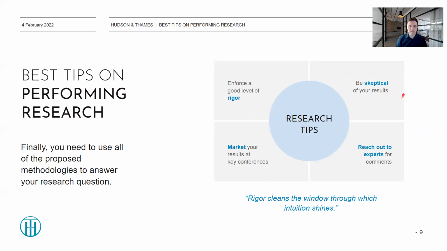Next, always be skeptical of your results. Any new result that you find, you should check in a lot of detail. There may be, for example, special test cases which you can check to see if your result returns these special test cases. So for example, you could have generalized someone else's result.